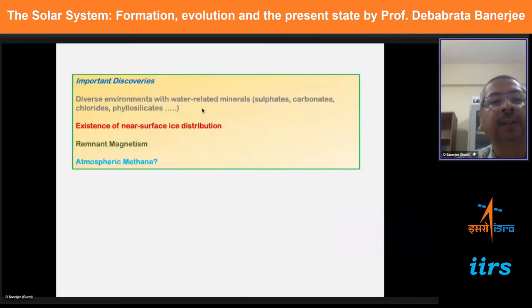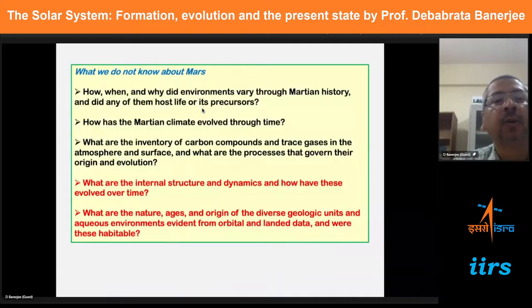Some of the interesting discoveries, I've just listed a few prominent ones: diverse environments with water-related minerals, remnant magnetism, existence of near-surface ice distribution, and atmospheric methane, which is still contested. Some measurements were there on the surface, but whether it is there in significant proportions and how it arose, whether the sources are geological or biological, we don't know.